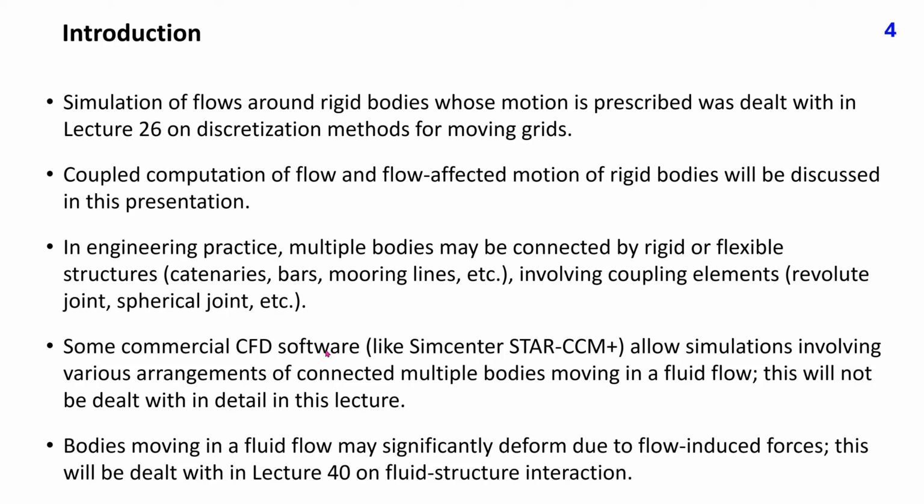In engineering practice, multiple bodies may be connected by rigid or flexible structures, for example, catenaries, bars, mooring lines, etc., involving coupling elements like revolute joint, spherical joint, etc. Some commercial CFD software, like Simpson Testasis CM+, allows simulations involving various arrangements of multiple connected bodies moving in a fluid flow. This will not be dealt with in detail in this lecture. Bodies moving in a fluid flow may significantly deform due to flow-induced forces. This will be dealt with in lecture 40 on fluid structure interaction.